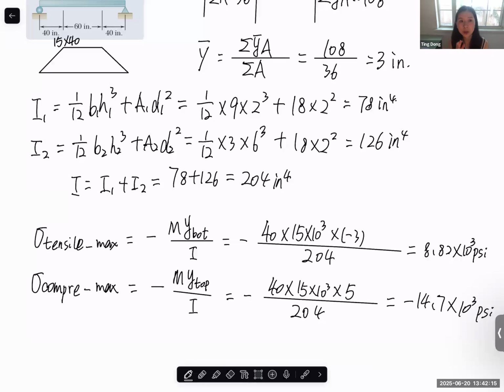And of course, if the question asks what is the maximum normal stress, then it is equal to the magnitude of this one. This is the magnitude of the maximum normal stress. Yes, this is closer to something we would see on a test or quiz.